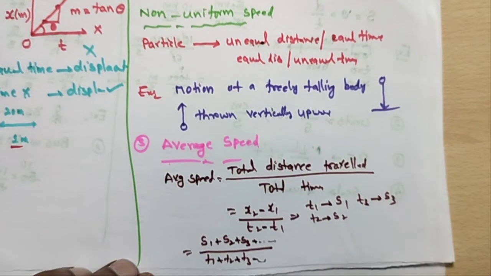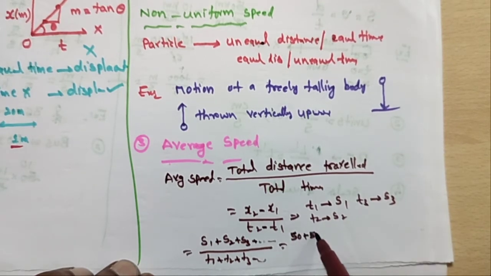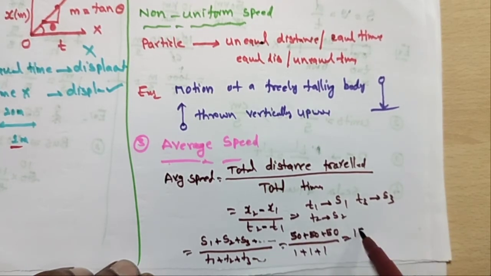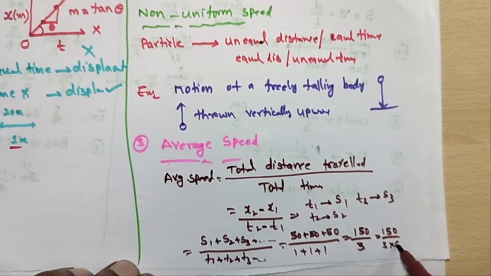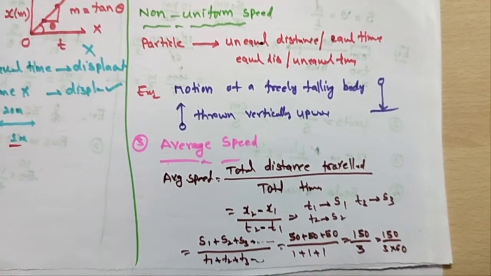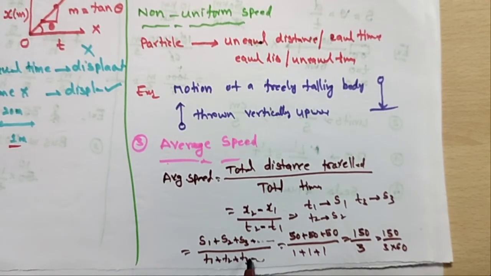In the example, that is 50 meters plus 50 meters plus 50 meters, and 1 minute, 1 minute, 1 minute. So 150 meters by 3 minutes, that is 150 by 3 into 60 seconds.